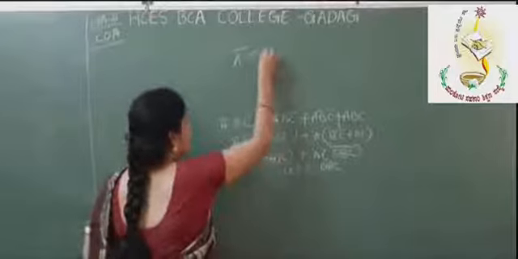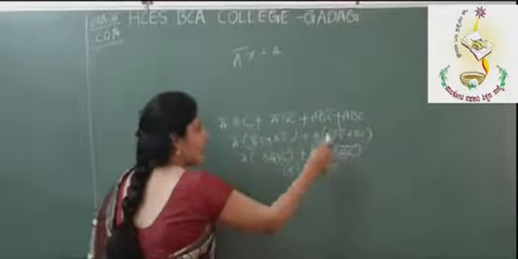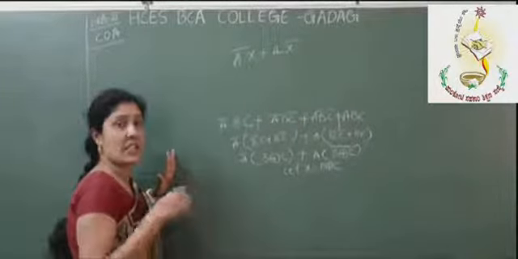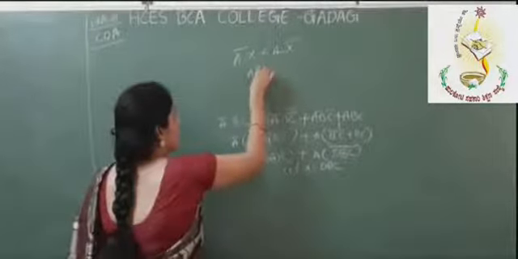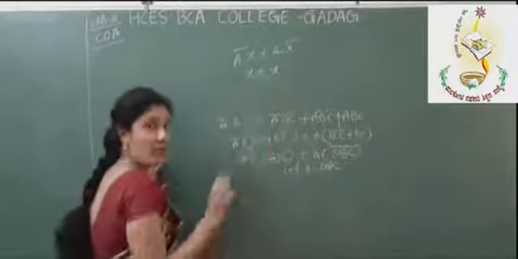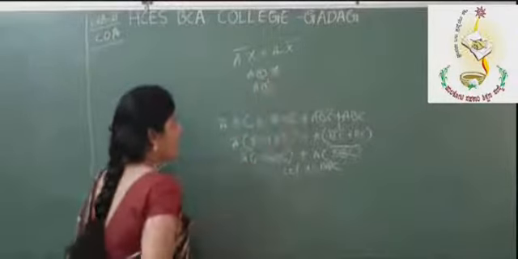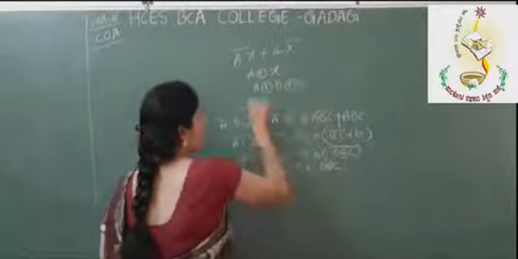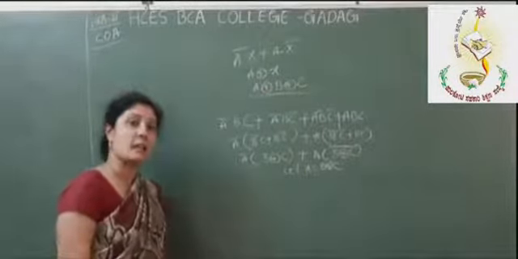X. Plus A, what is this now? X bar. Now, what is A bar X plus A X bar? This is nothing but A XOR X. Now put the value of X. A XOR, what is X here? X is nothing but B XOR C.